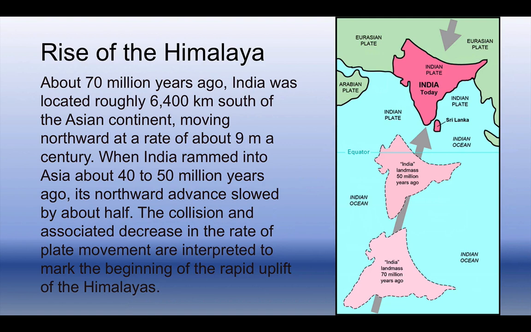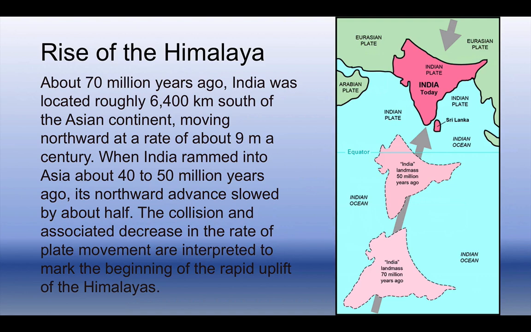Another significant event that happened during the Cenozoic is the Himalayan Orogeny. If you remember the diagrams that we looked at earlier, looking at the plate tectonic evolution of the world through the Cenozoic, we saw the very rapid northward movement of India.